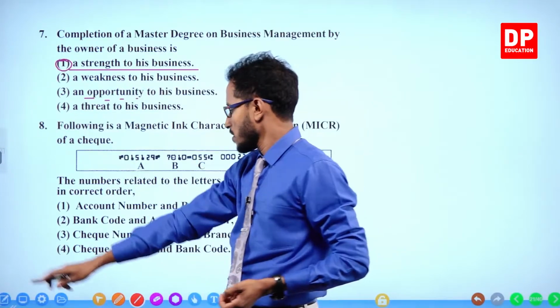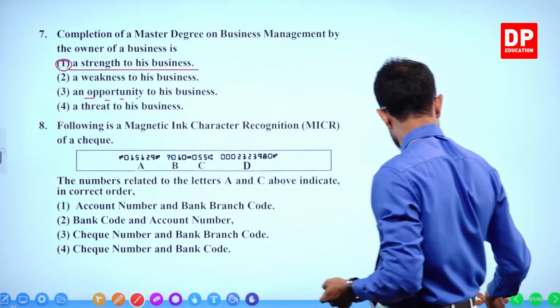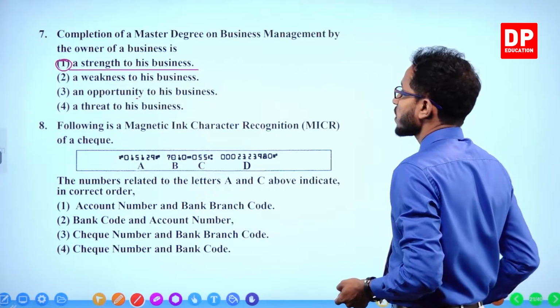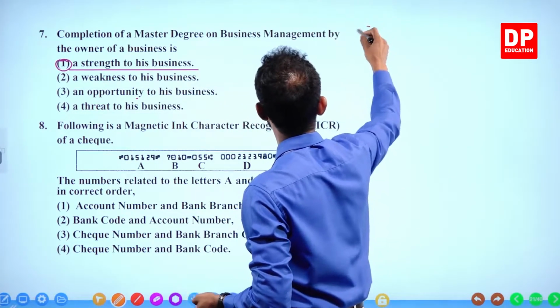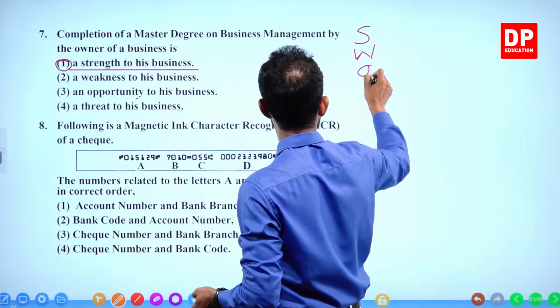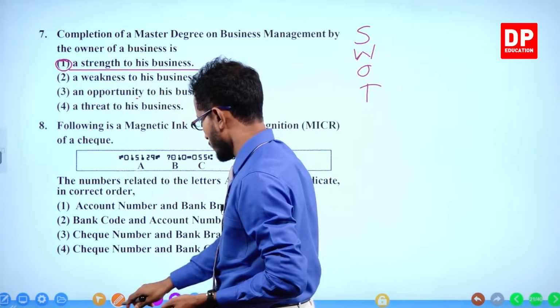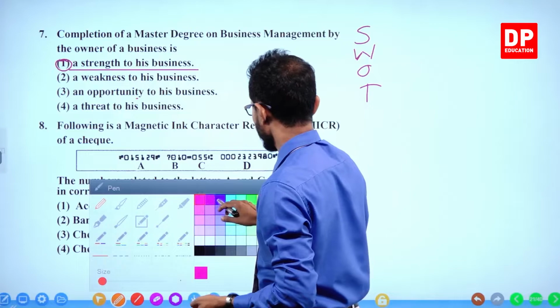Can you remember the SWOT analysis? I hope you remember the SWOT. No need to say these things again and again.